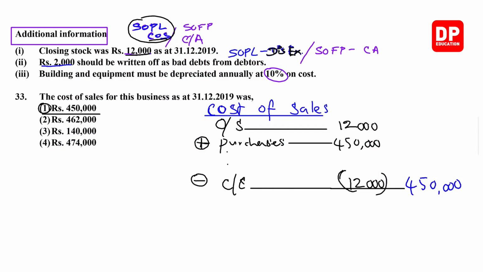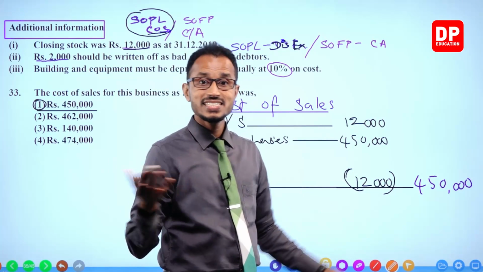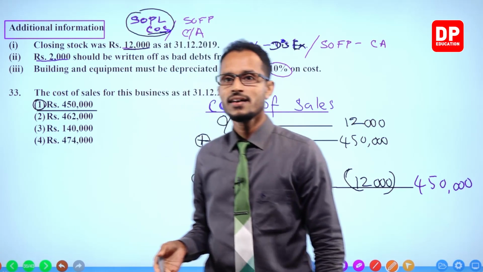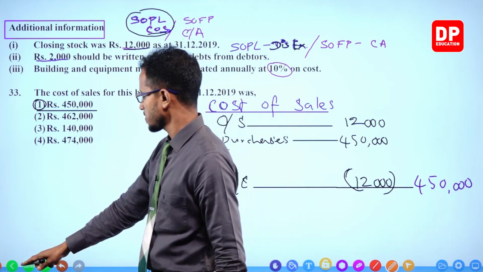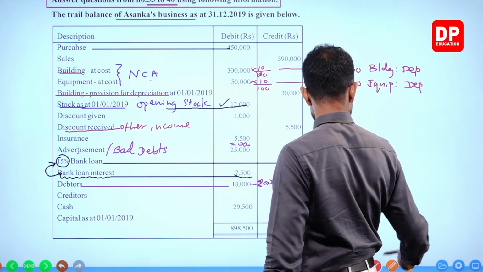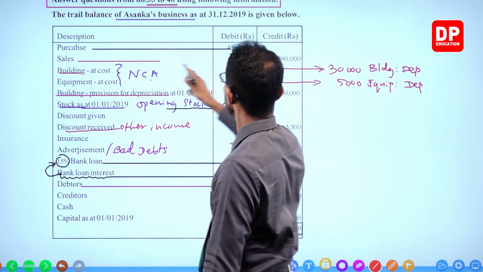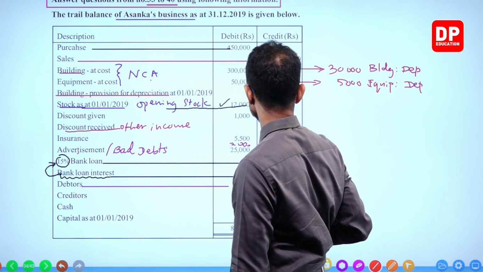I'm putting the answer here, okay? We have to just subtract the cost of sales from sales. How much is the sales? Oh yeah, we have sales right here. 590.